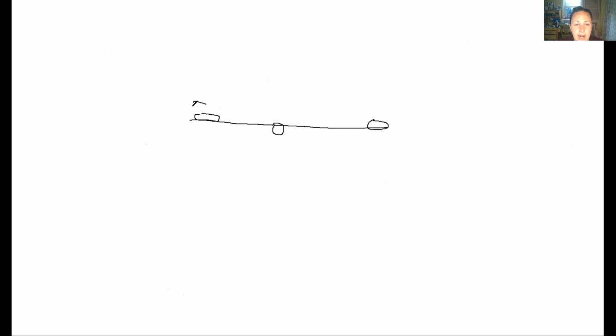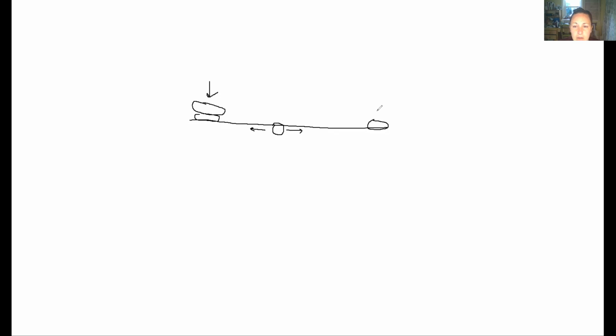If you were to add another quarter to this side, then this side is going to go down. That's going to be our resistance force. So where can you move your pencil, either this way or this way, in order for them to be balanced again? Where would you have to move that fulcrum?